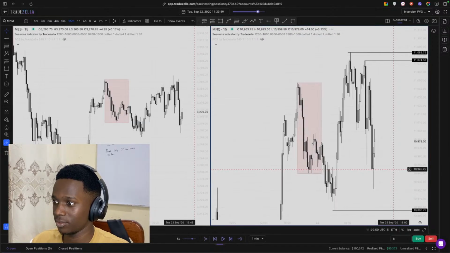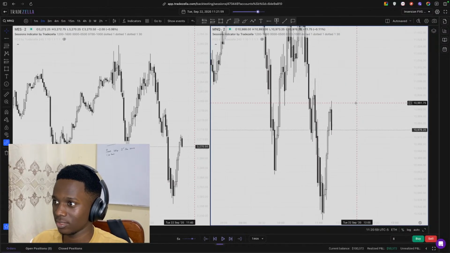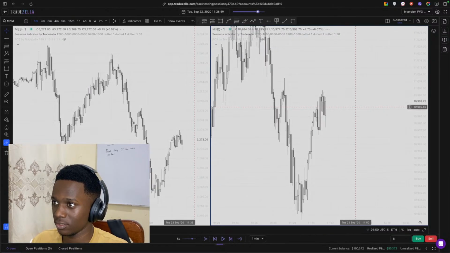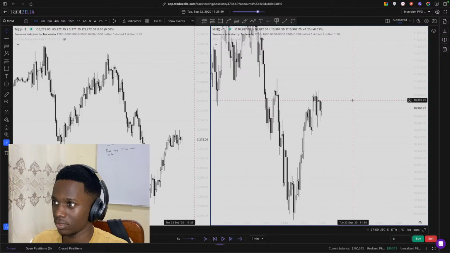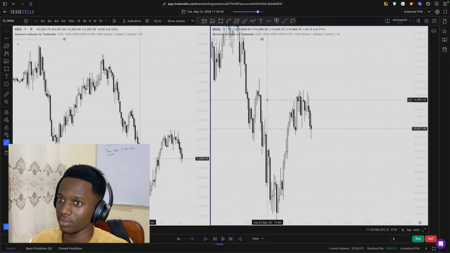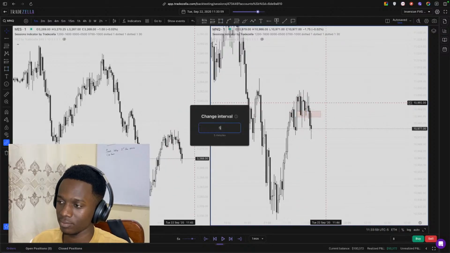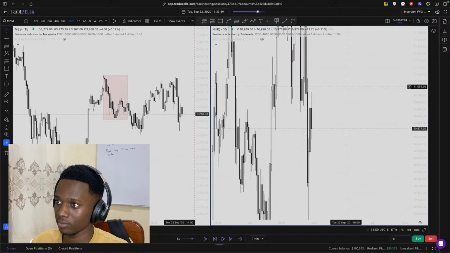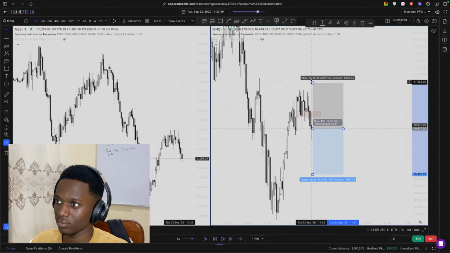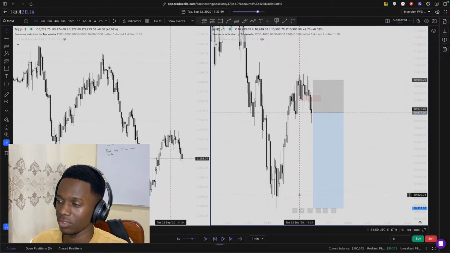Okay, 15-minute is rejecting. That's nice. Alright, so here's where it's rejecting. Just take some shorts here, targeting these lows.